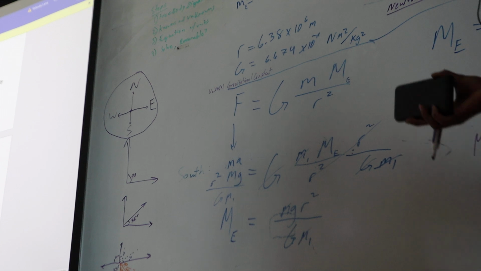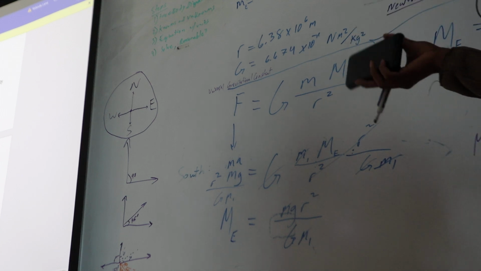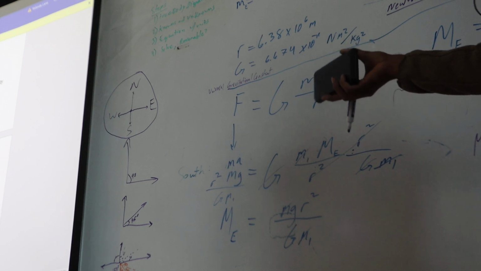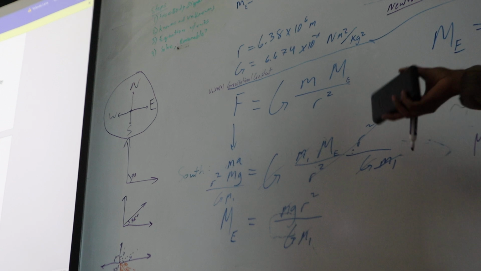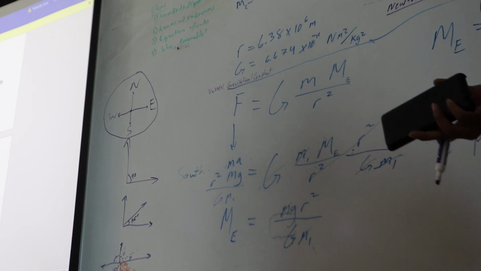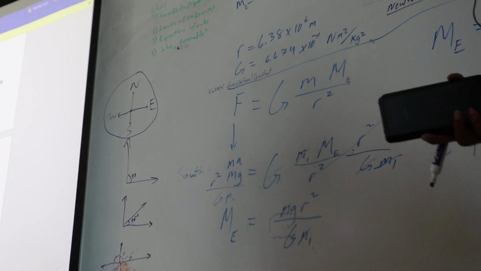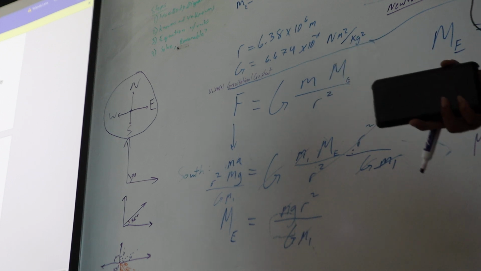I thought F was equal to mg. Right, so we want to relate ma or mg to the other side of the equation because we know what gravity is. Since we know what gravity is, we can keep that in there.